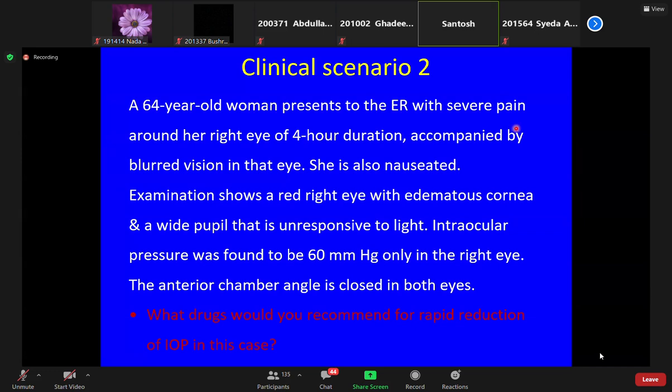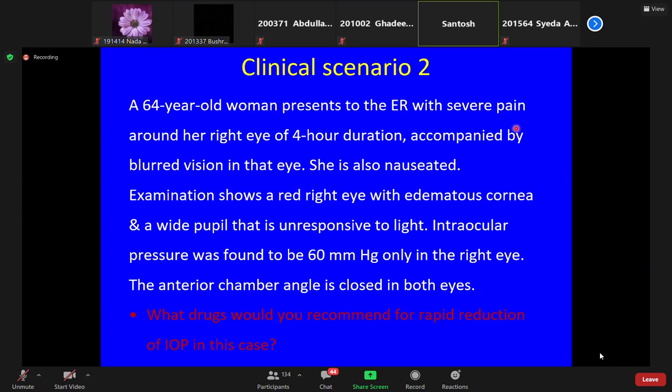So it may even harm instead of giving any benefit. So you start pilocarpine drops after the pressure comes below 40. So first acetazolamide, timolol, beta blockers, alpha 2 agonists like apraclonidine, and then 30 minutes or 1 hour later you can add pilocarpine as well.